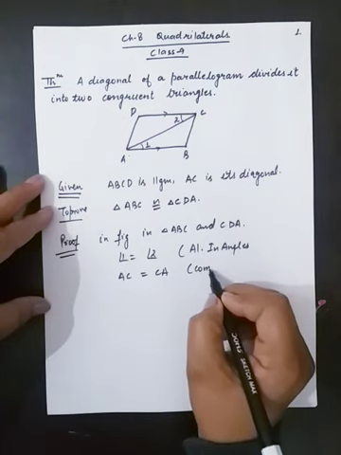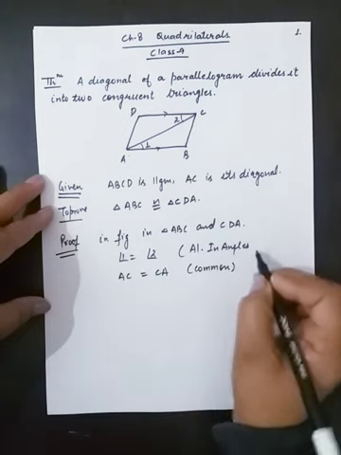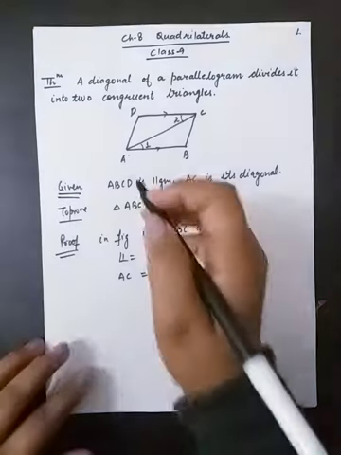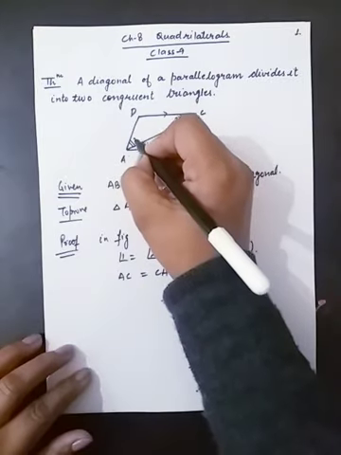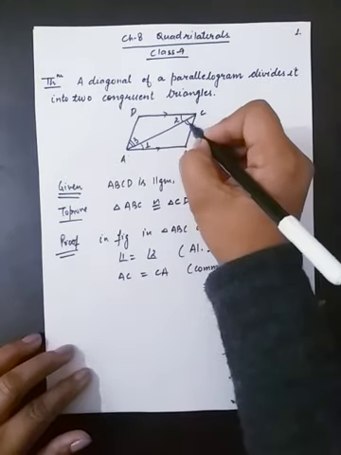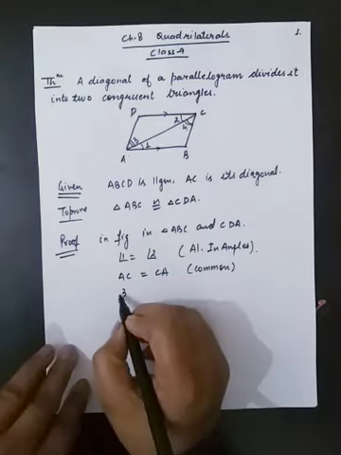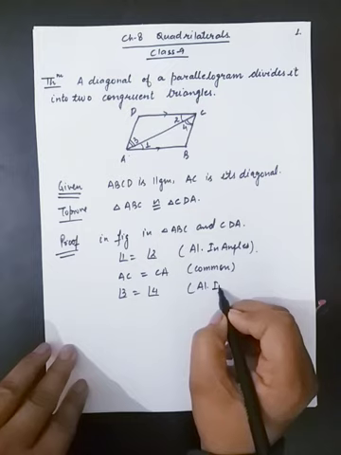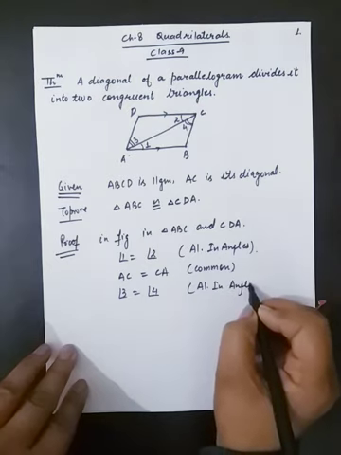This is common. And we have to use third one also. Here we can say angle 3 is equal to angle 4. Again the same property, alternate interior angles.